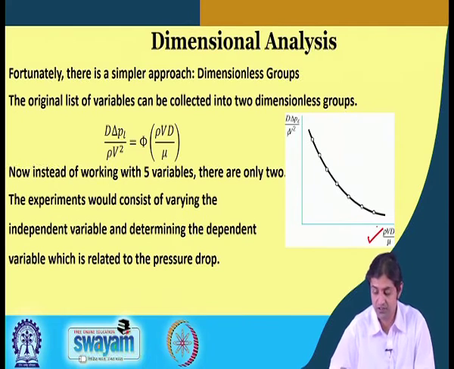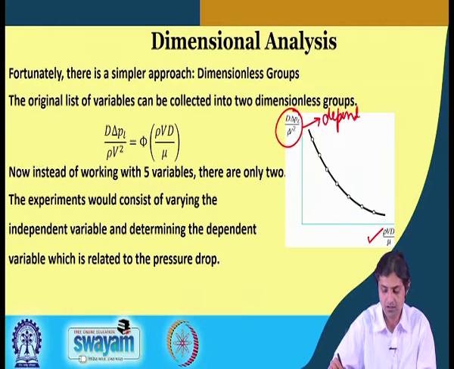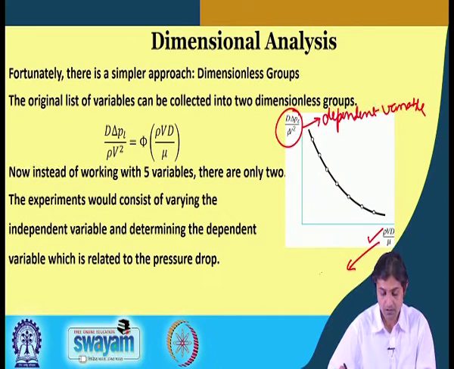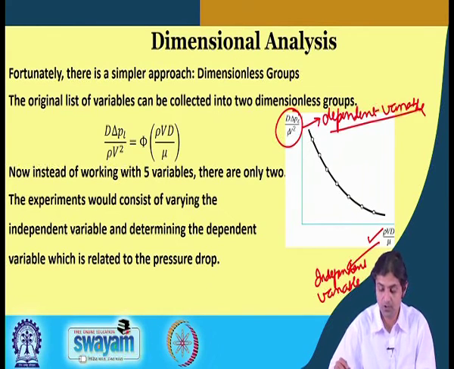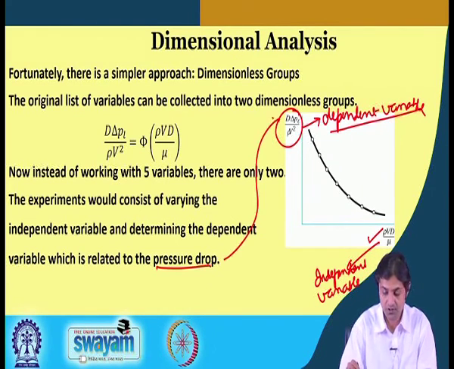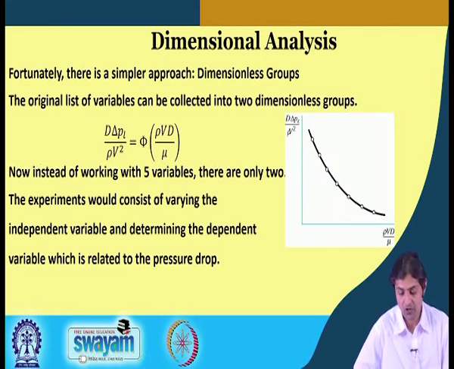So, we can vary this one, this is the independent variable, and we can determine the dependent variable here, which is related to the pressure drop. So, using results obtained in this experiment, we can determine the dependent variable, and our pressure drop is related to this dependent variable. All right.